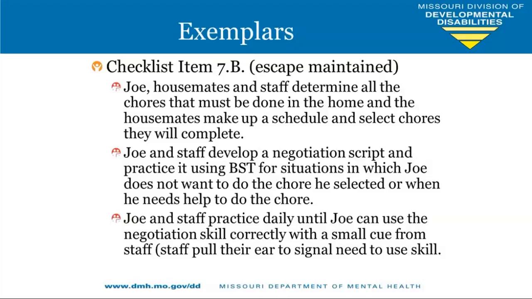It also gives Joe the opportunity to maintain his dignity in front of his roommates, because staff aren't prompting him, saying use your cue, or you need to be doing this. Who wants to be reminded to use your coping skills, or whatever that thing happens to be? So I think this is a really great approach. And again, we look at the steps to making it successful.